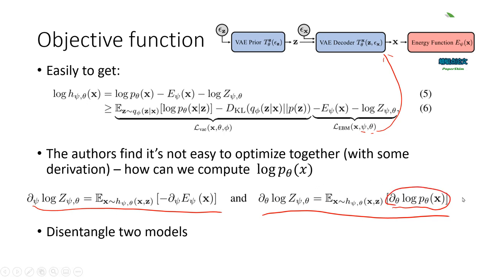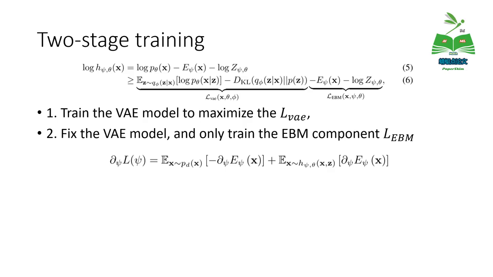How can we compute the log p theta x? If they use another MCMC to sample for it, it is too expensive, so they want to disentangle these two models. Then they propose a two-stage training.